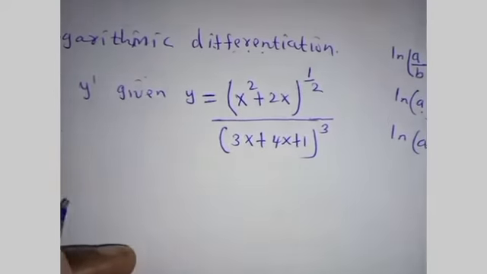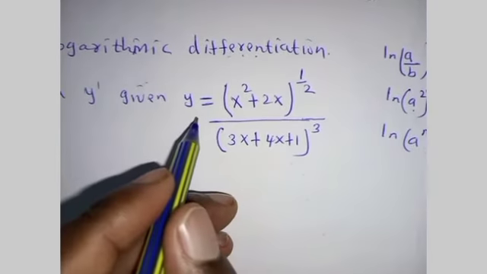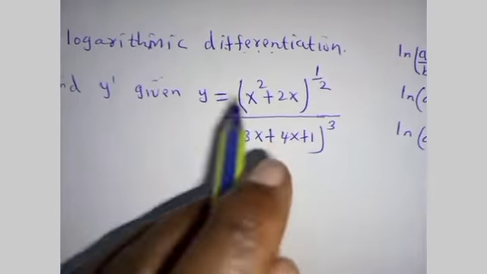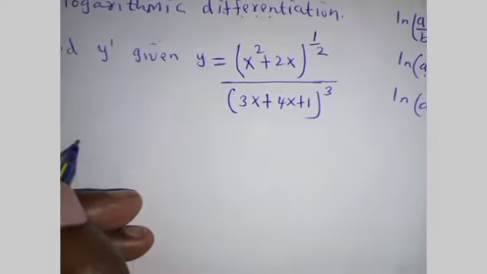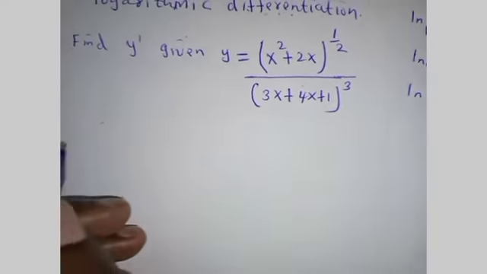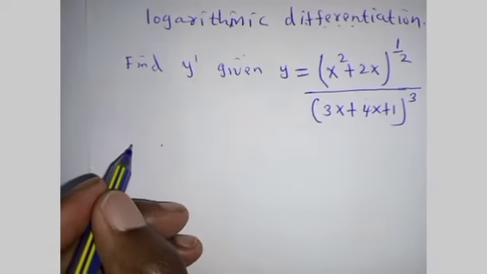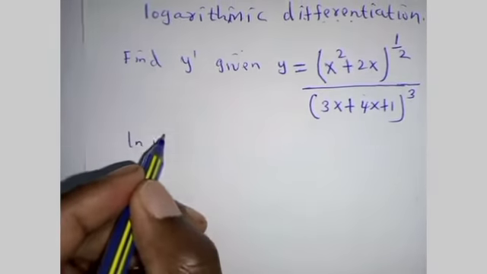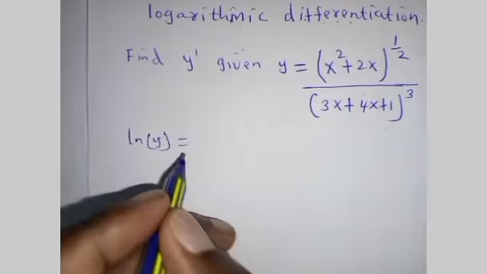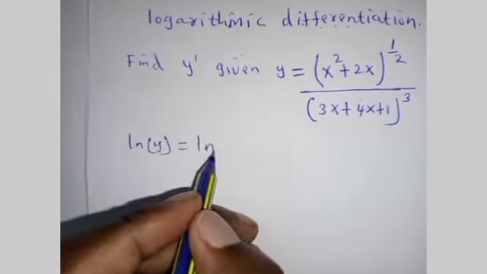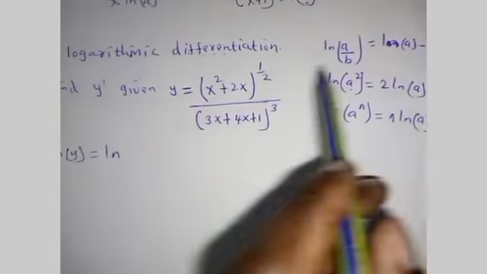We begin by first of all taking the logarithm of this equation on both sides, both the left hand side and the right hand side, to obtain ln of y is equal to ln of. So we apply this rule because here we are dividing.